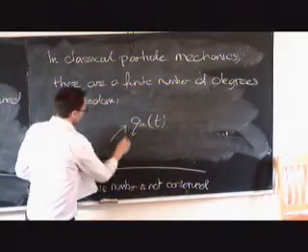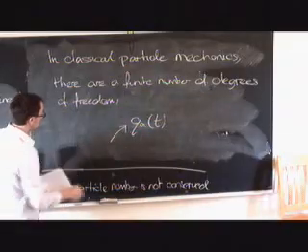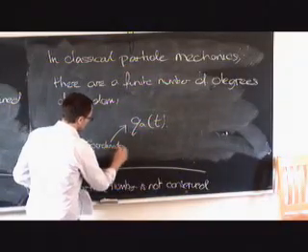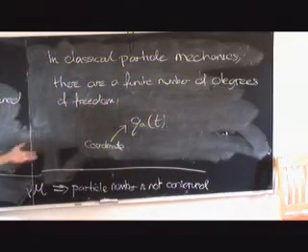So you have some degree of freedom that we'll call q. It's a coordinate, sometimes called a generalized coordinate in this Lagrangian setup. And it's things like the position of the particle.